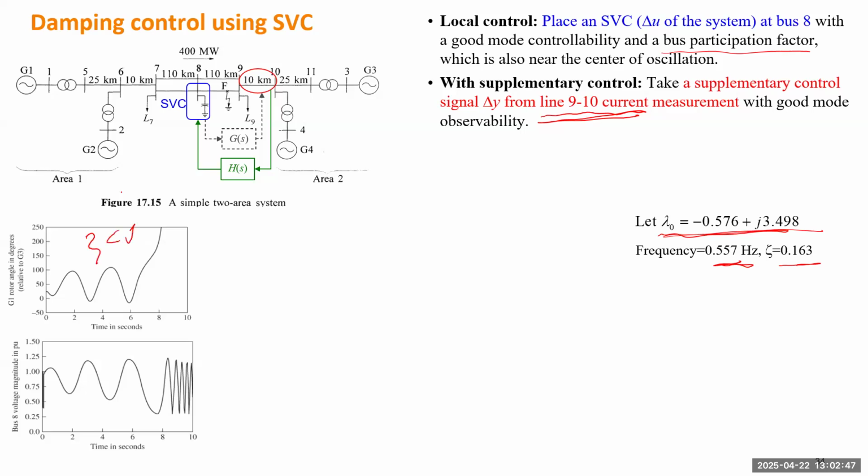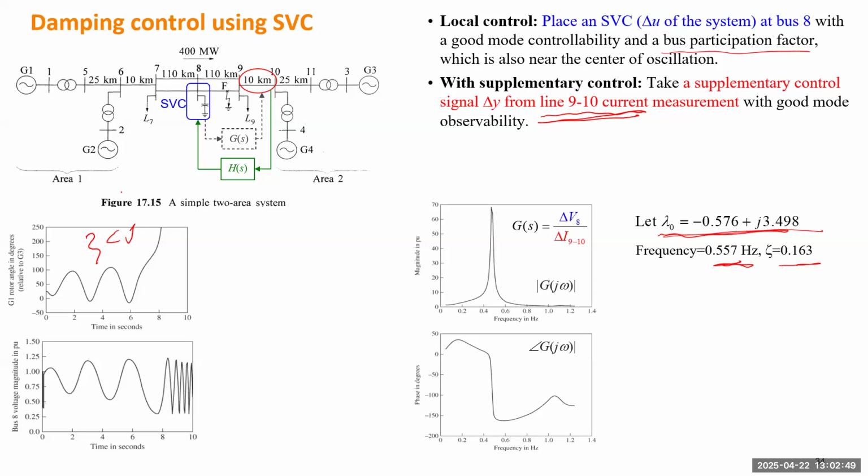Based on the waveform. So this Bode diagram just shows the approximate transfer function from the voltage input to the current output. So this peak actually corresponds to the inter-area frequency, because inter-area frequency is around 0.5 hertz, right?